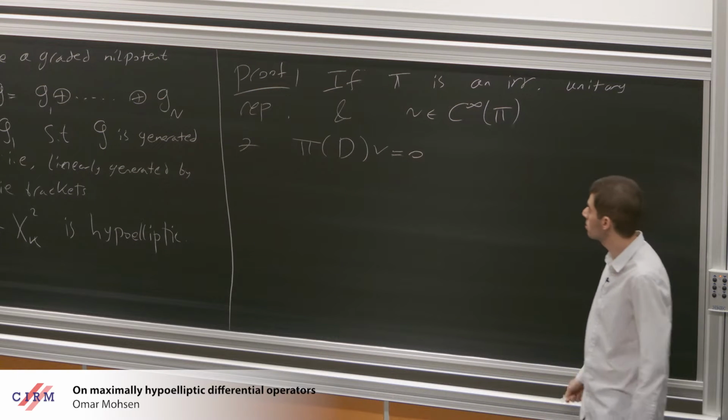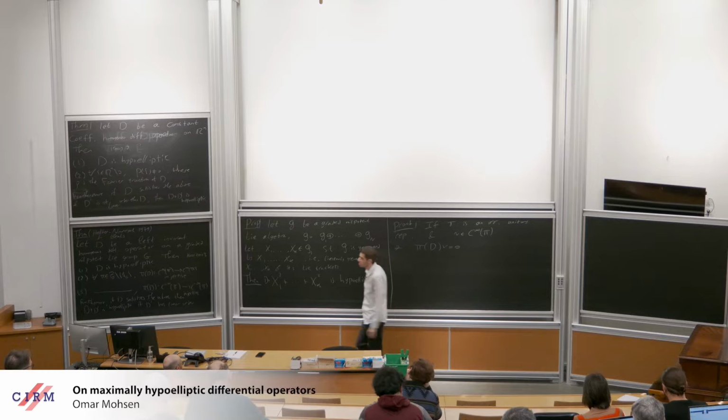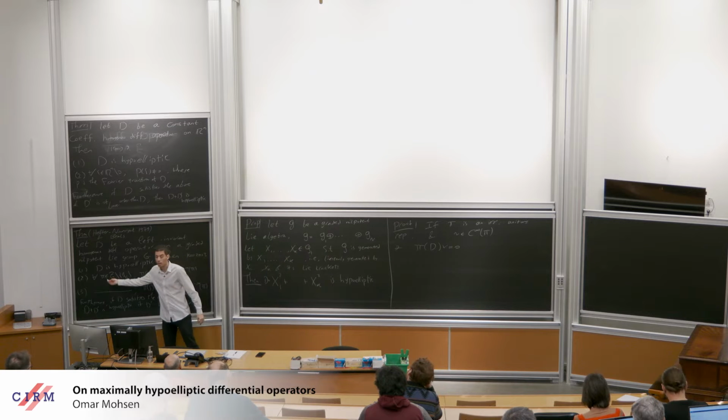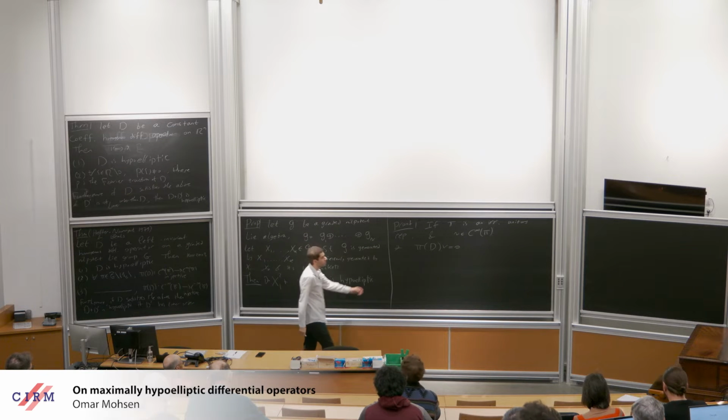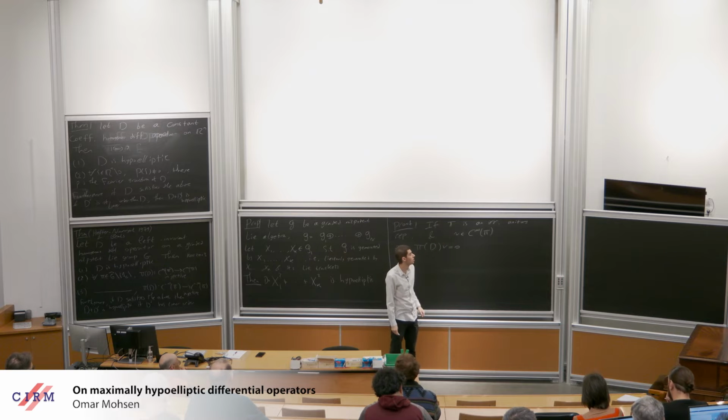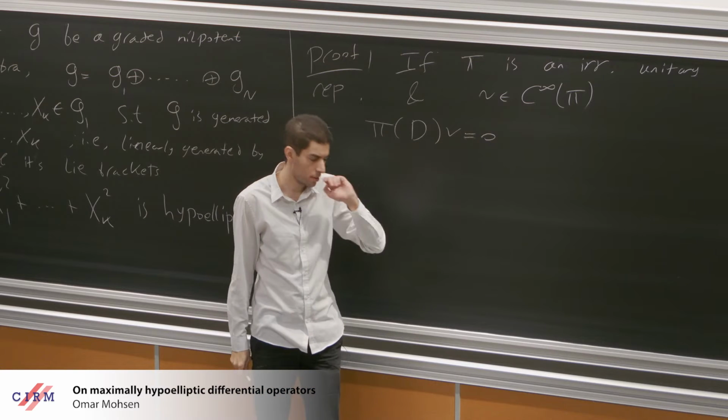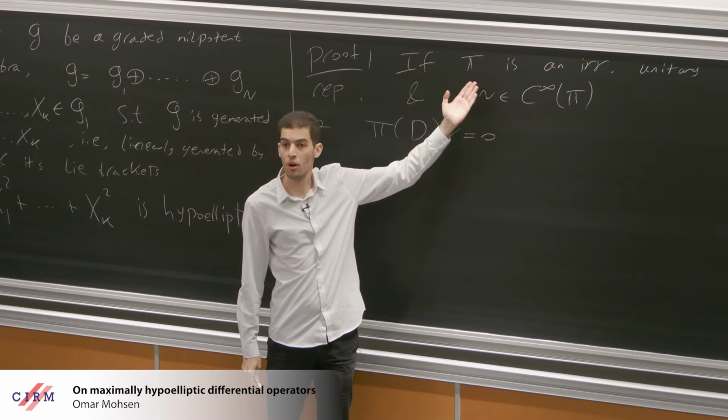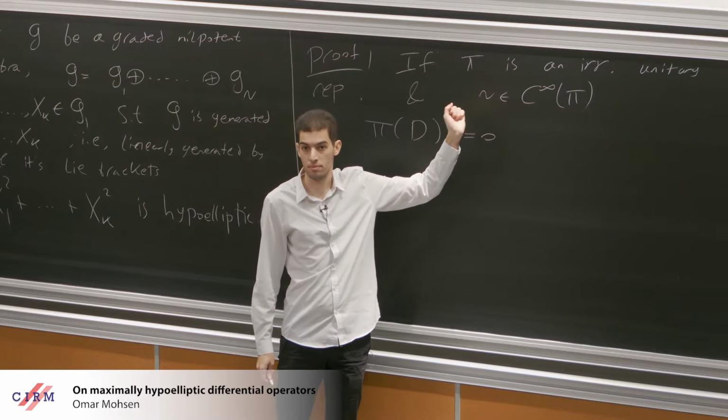Okay, so I need to show that it's injective for non-trivial representations. And so I will take an irreducible unitary representation and a vector which satisfies this, and I will show that either v is 0 or the irreducible unitary representation is trivial.